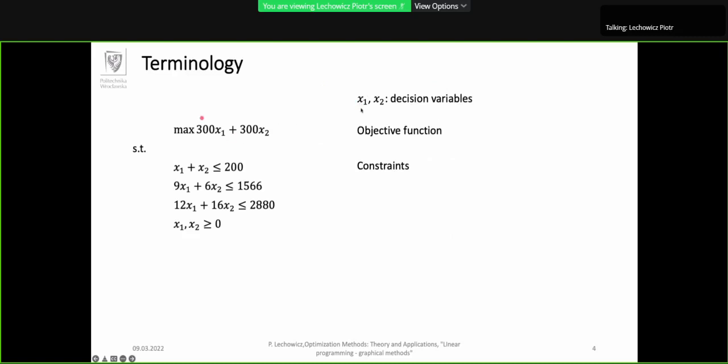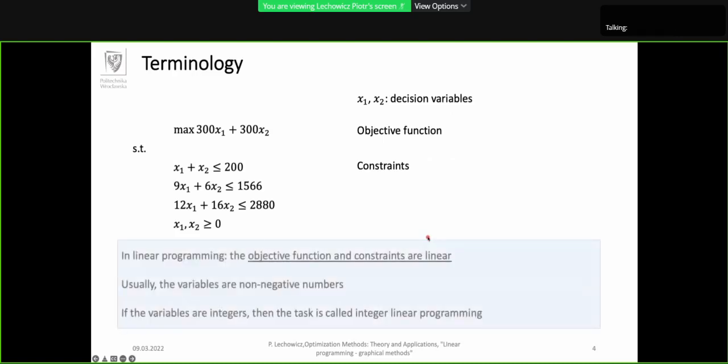And these variables often are part of the objective function as well as the constraints. The constraints are the set of equalities or inequalities which have to be satisfied in order to find a feasible solution for such a problem.